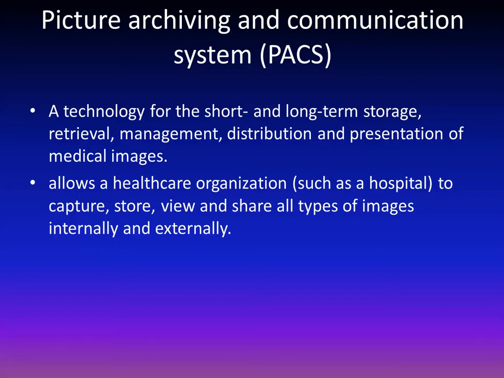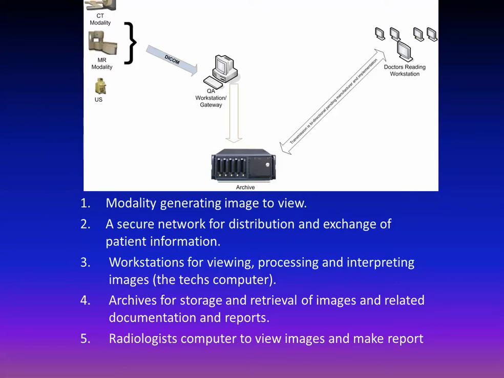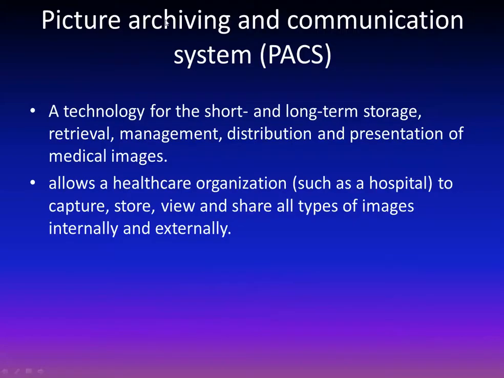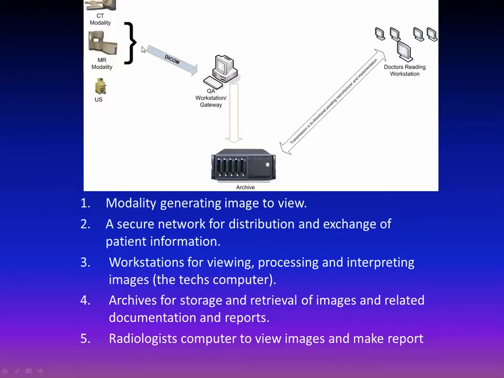So this is breaking it down a little bit more and showing it a little bit more visually, but the different components that make up a PAC system include the modalities themselves, which you see over here. It's not showing you the x-ray, I think is above here, but it's there. Everything is transmitted by DICOM over to the workstation.